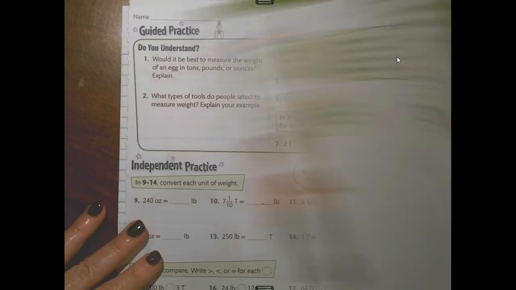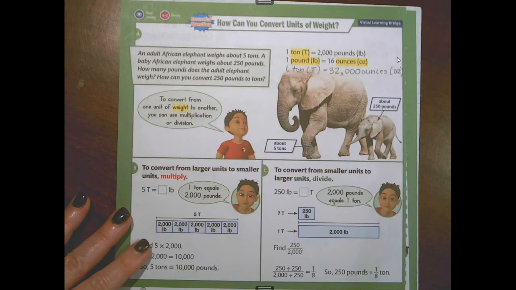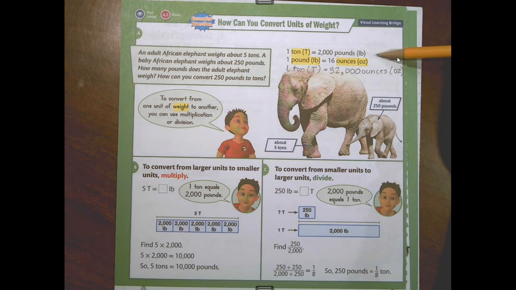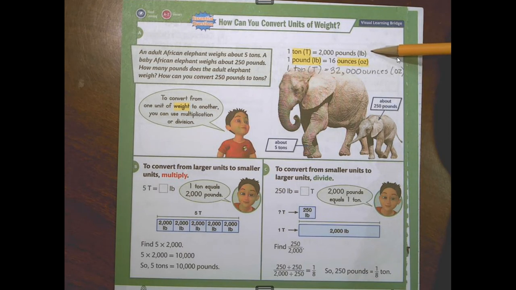All right, so our essential question for today is how can you convert units of weight? And we have our conversion table up here where we're dealing with tons, which is equivalent to 2,000 pounds. We're dealing with pounds, which is equivalent to 16 ounces.